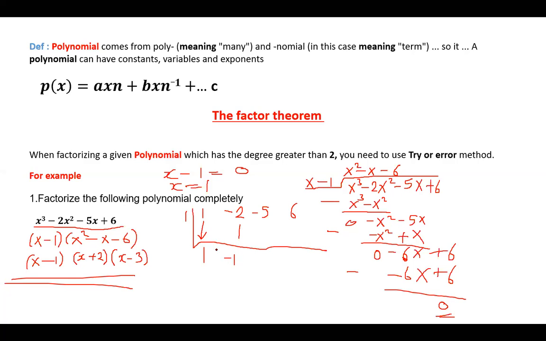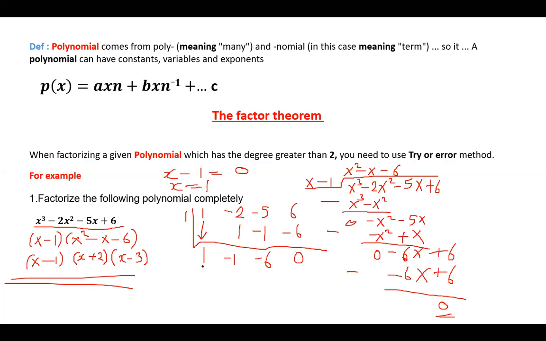You multiply this 1 times negative 1, you put it there, negative 1. You add negative 5 plus negative 1, you get negative 6. You multiply this 1 times negative 6, you get negative 6. When you add 6 plus negative 6, you get a 0.